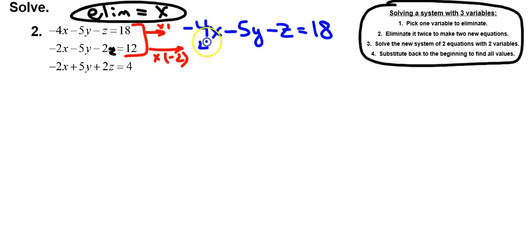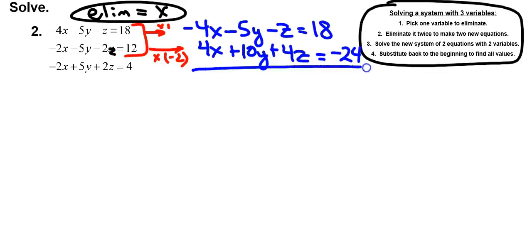So I'm going to get positive 4x, positive 10y, positive 4z, and -24. I get all those values by multiplying the entire second equation by -2.